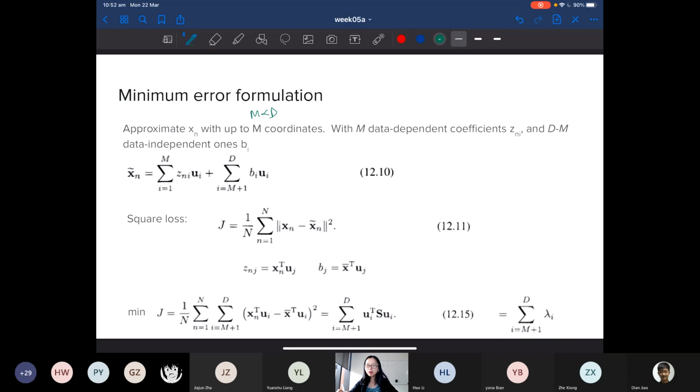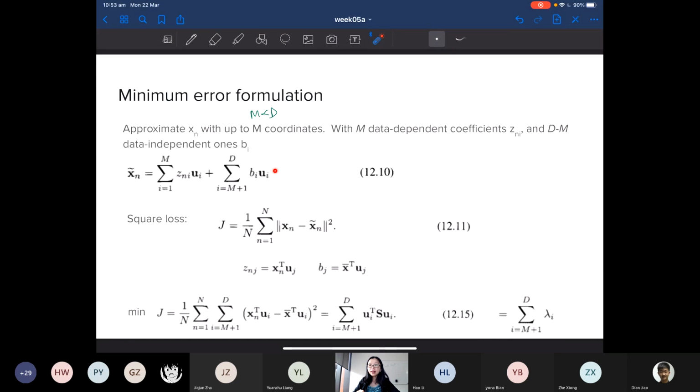The way we do the approximation is that we have m data-dependent coefficients denoted z_ni, and d minus m data-independent coefficients b_i. You may say, hey, why does it matter? Because, as we said on the last slide, the z_ni times u_i should be essentially the coordinate on the chosen dimensions.